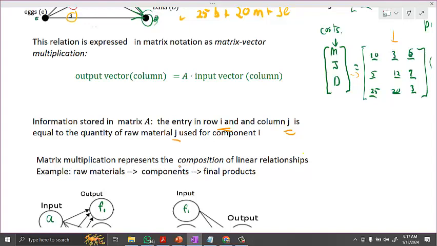But suppose there's another stage in the middle. Suppose that you have raw materials, and you use the raw materials to make components, and then you use the components to make final products. So, for instance, I can have raw materials.